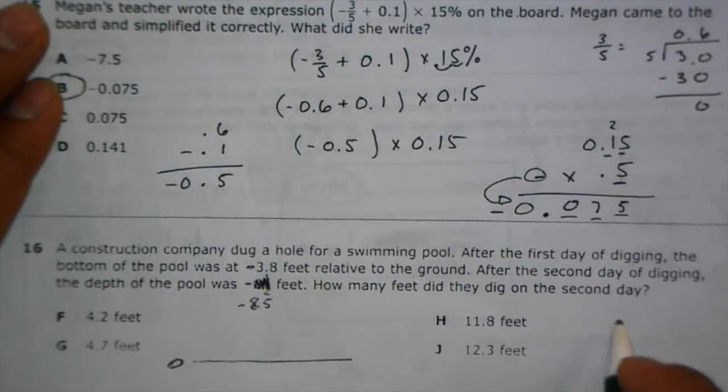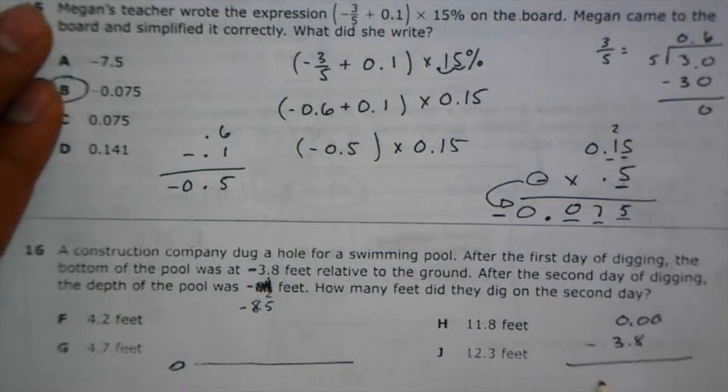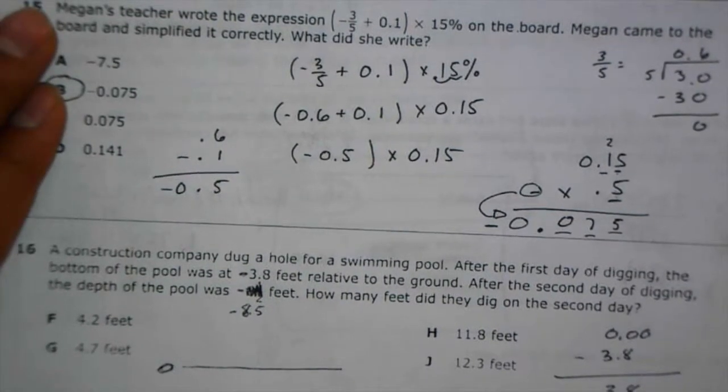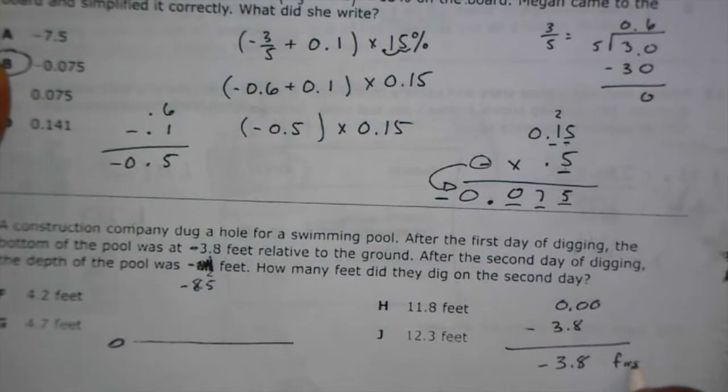Now, because we started at 0, I can subtract it like that and still end up at negative 3.8. So after the first day, I'm at negative 3.8, right?